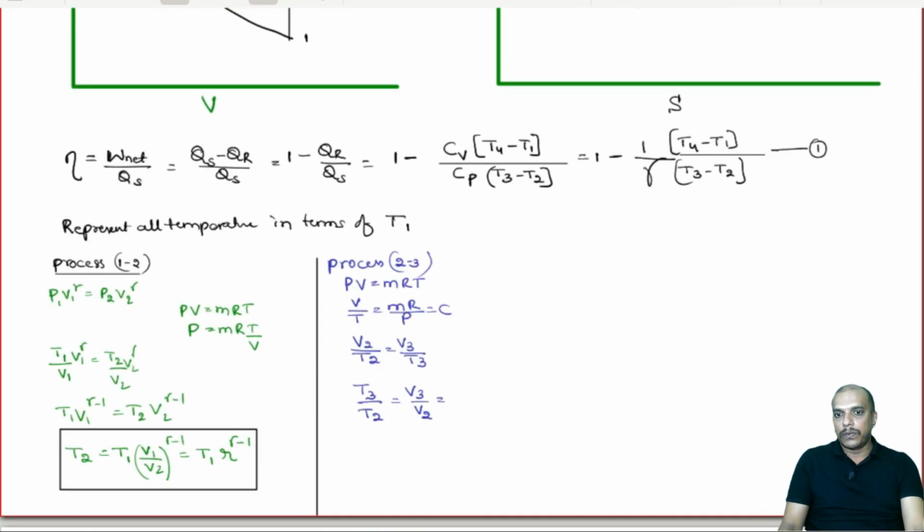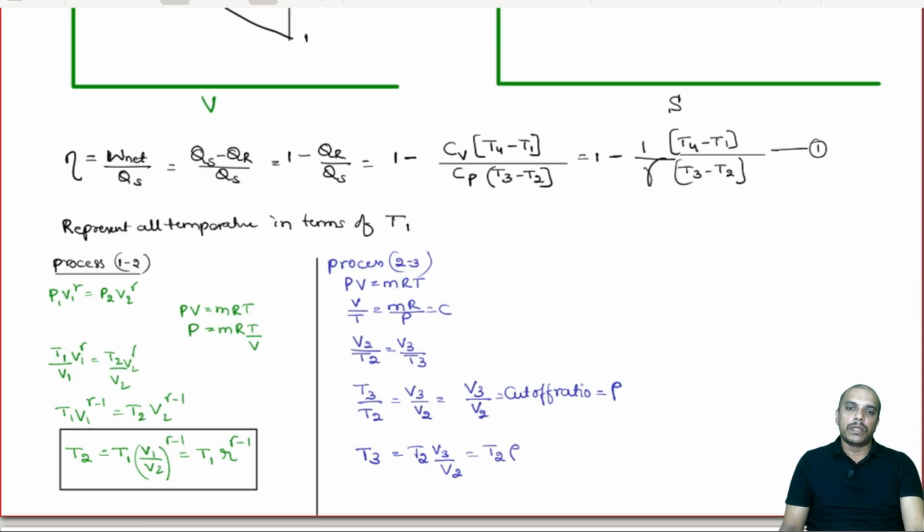So, V3 by V2 is the cutoff ratio, and let us denote this cutoff ratio as rho. Now, V3 by V2 is rho. Therefore, I can write T3 is equal to T2 into V3 by V2, that is nothing but T2 rho.